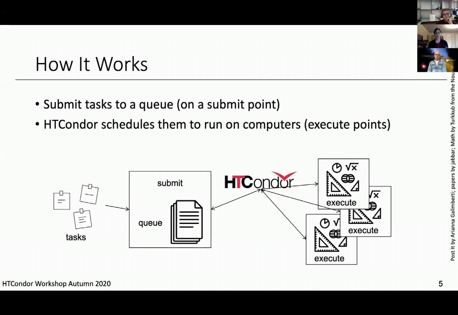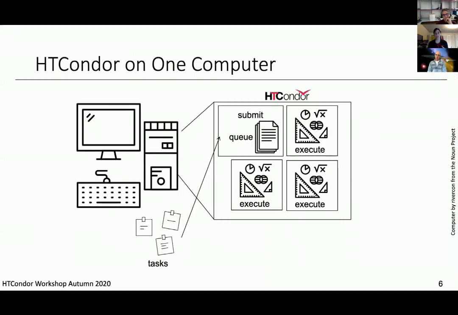And this overall architecture can be implemented in different ways. You can run HTCondor on one computer where the submit point and the execute points are all actually running on the same physical computer, perhaps distributed among multiple cores or CPUs of the computer.